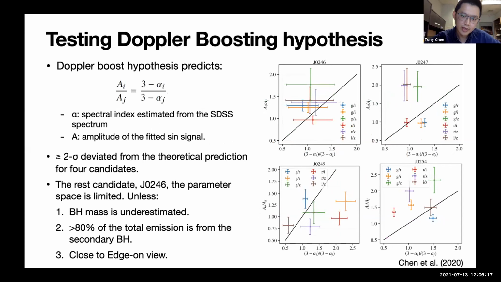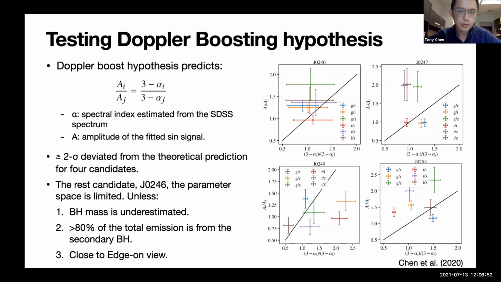Because the Dark Energy Survey and the SDSS are multi-band imaging surveys, we can test the Doppler boosting hypothesis, if the periodicity we have seen is mainly due to the circular orbit of two black holes. The Doppler boost hypothesis predicts the amplitude is correlated with the spectral index in each band.